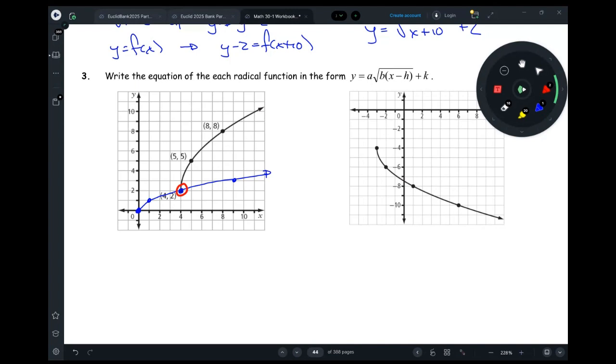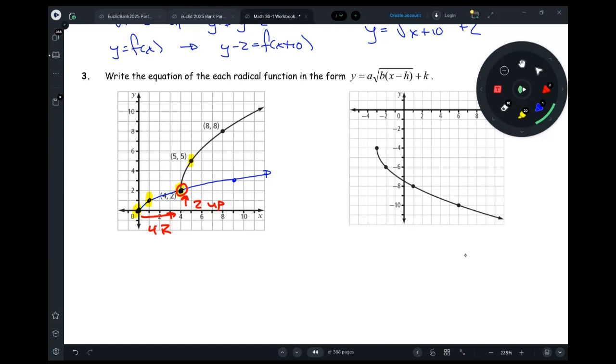Okay, stretches will not affect a point on the origin because the coordinates are 0 and 0, and multiplying 0 by values doesn't change it. So stretches won't affect it. So I know at the end here, this has been moved 4 units to the right and 2 units up. That's fine. What I really want to look at right now is to compare that point and this point to the corresponding points on the transformed graph.